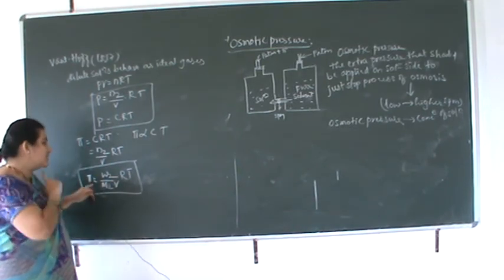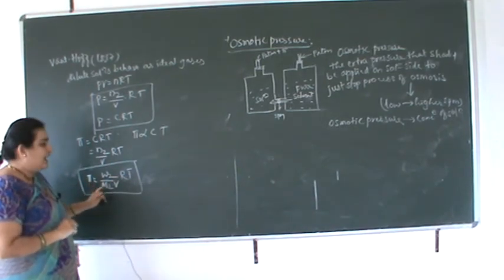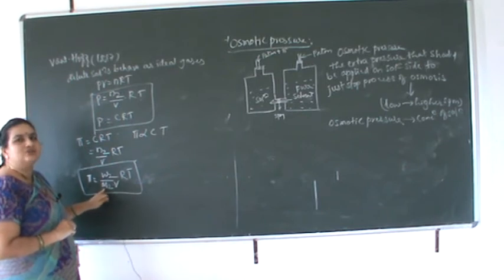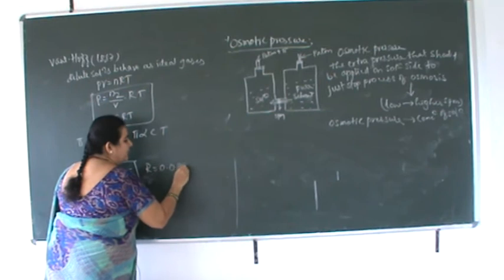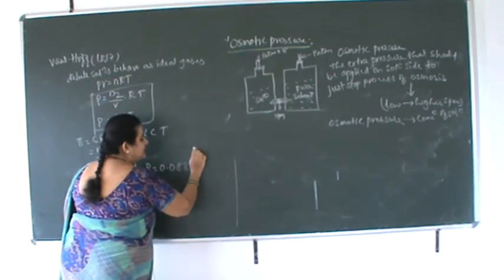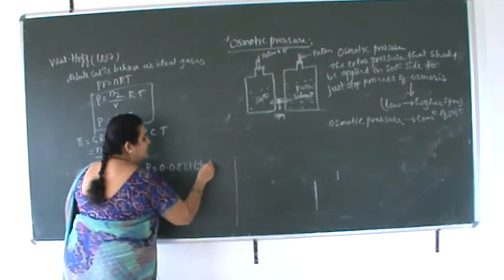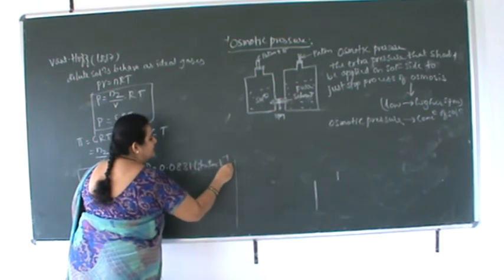This is the relation between osmotic pressure and molar mass of the solute. The R value is 0.0831 liter atmosphere per Kelvin per mole.